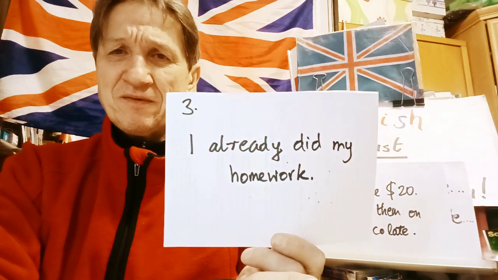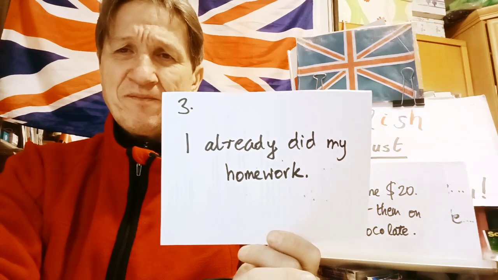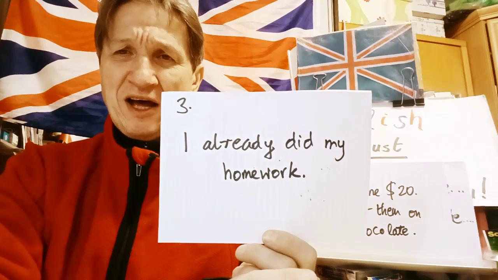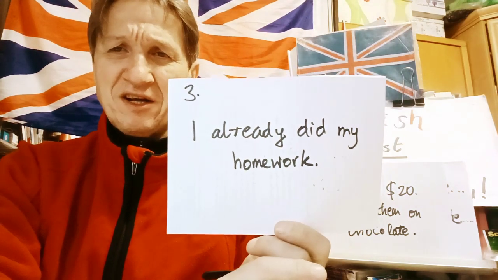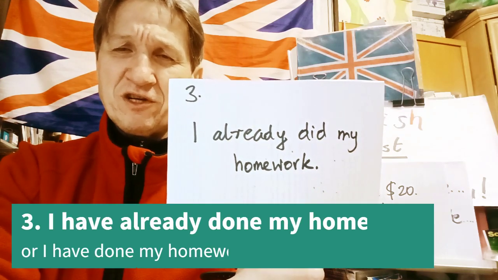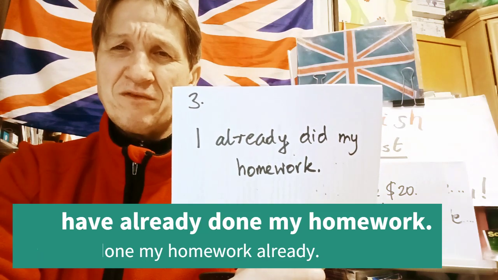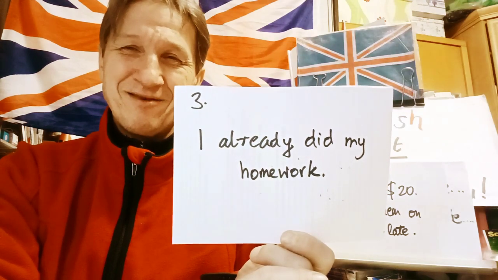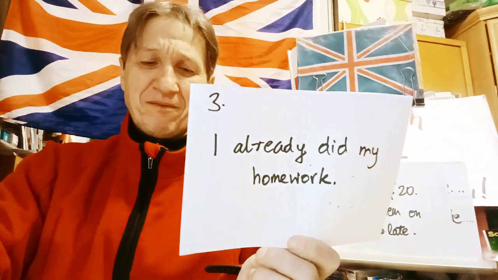And we need to also change the position of already, which goes after the auxiliary have, or it can go at the end of the sentence. So the sentence should read, in fact, I have already done my homework, using the past participle of did, or I have done my homework already. So both positions there are correct. That is sentence number 3.